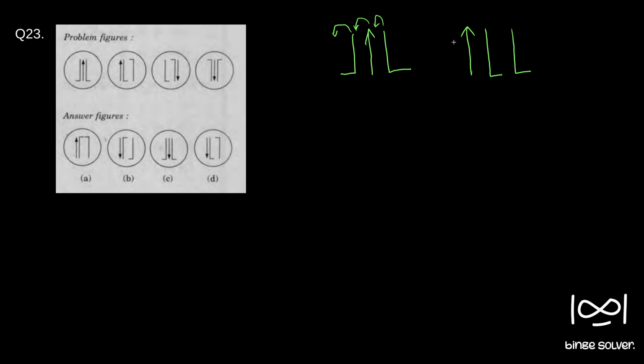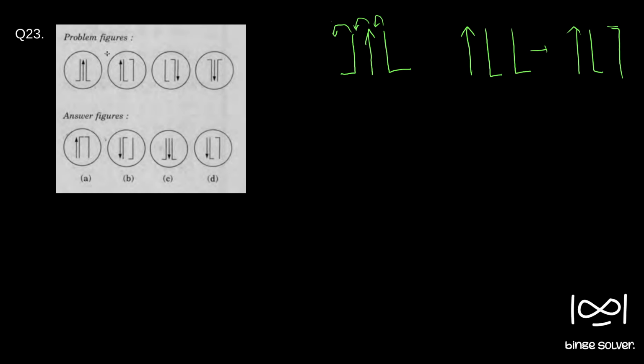But instead, if you see the last one, the last thing is getting inverted. So from this, it becomes this. So the transformation that happens: every item goes to its left and the last one gets inverted. That is the change that is happening in each figure.